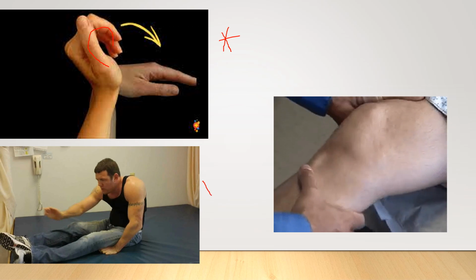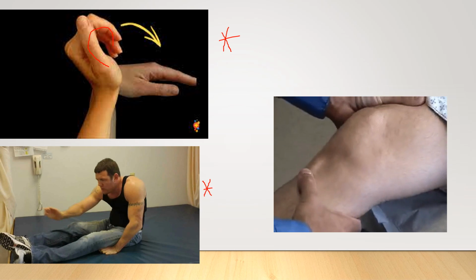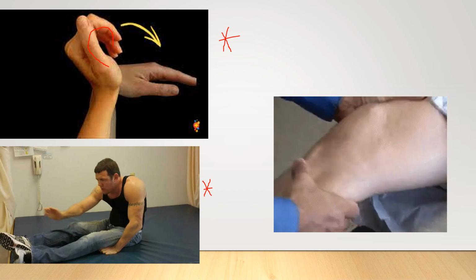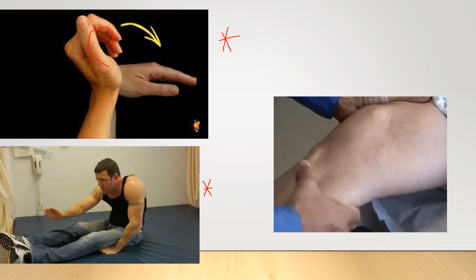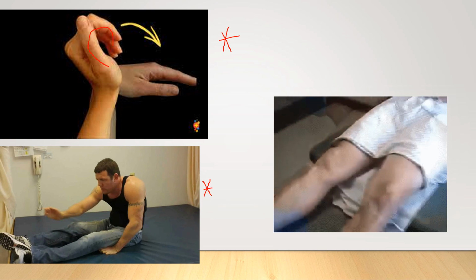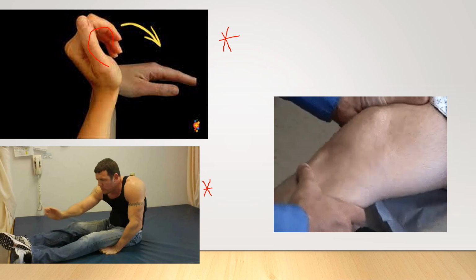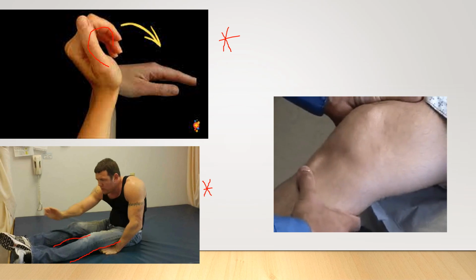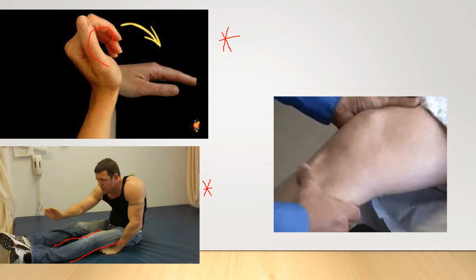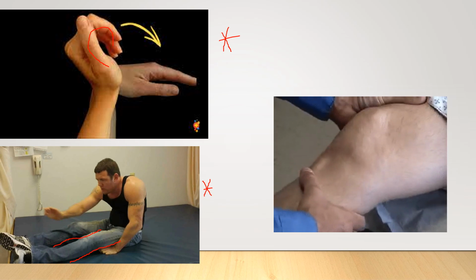And this bottom image here, just to talk more about selective stretching: for somebody with a spinal cord injury, let's say they want to get into this long sitting position like this gentleman is here. Well, we can selectively stretch the hamstrings because we know they need to have length there in order to perform this long sitting activity.